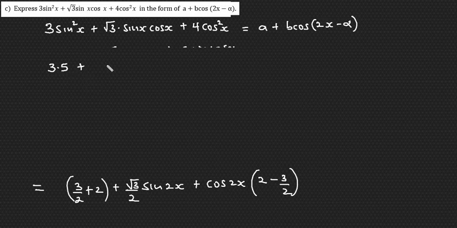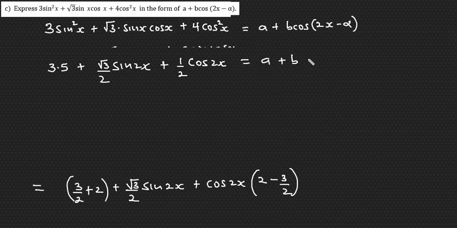Then plus root 3 over 2 sin 2x, then plus, now this is going to be 2 minus 3 over 2, which is a half, cos 2x equaling a plus b cos of 2x minus alpha.